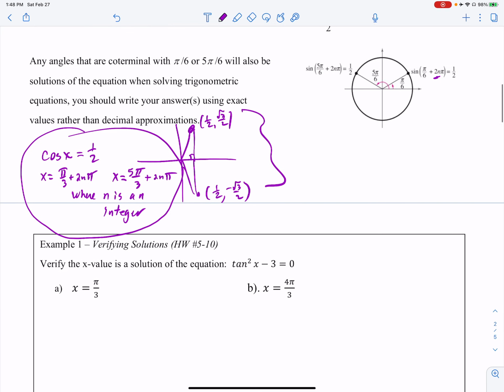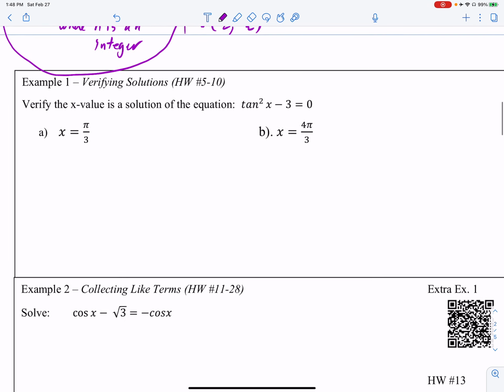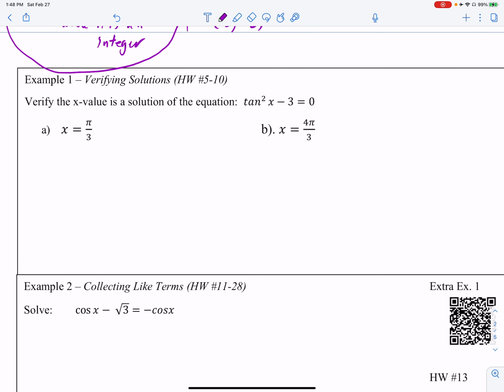All right, so one of the sets of problems is just verify solutions. They want you to verify that x equaling pi/3 is a solution to this. So what you need to do is realize tangent squared of x is tangent of that angle, and then you are squaring it minus 3, and we're going to show that comes out to 0.